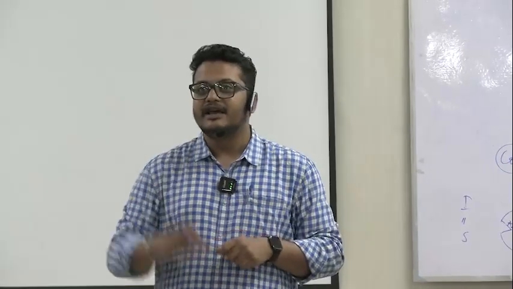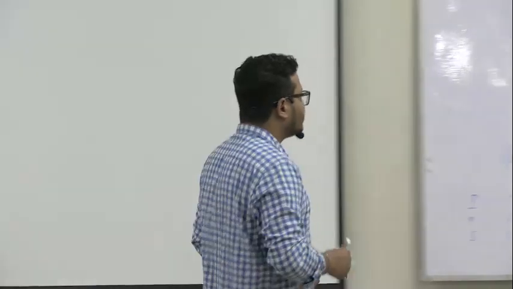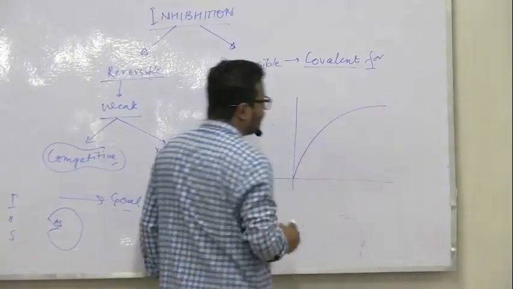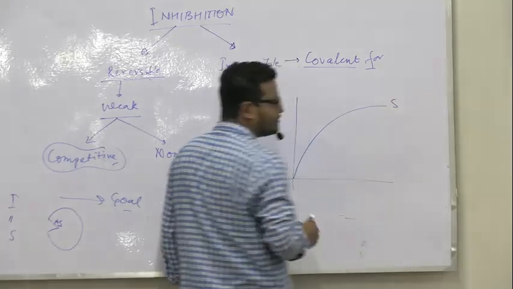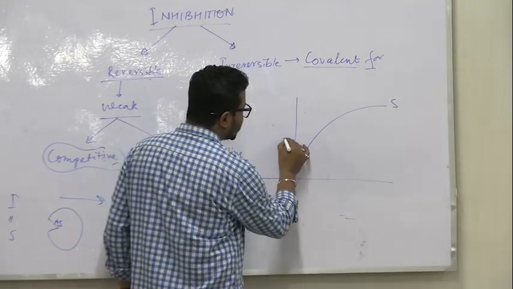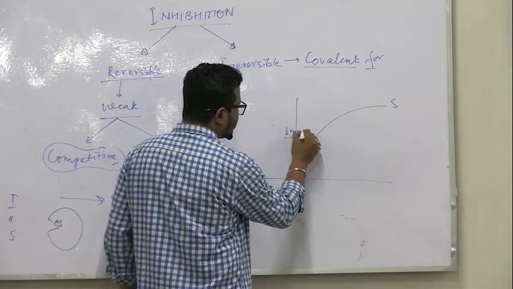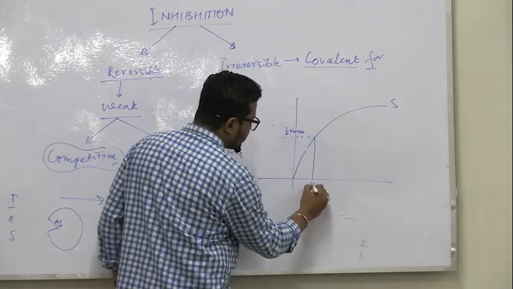What is half Vmax? 50% of enzyme is saturated with the substrate. Is that clear? The graph states, this is the graph without inhibitor. This is with the substrate. Here you see, this is the half Vmax, and this is the Km.